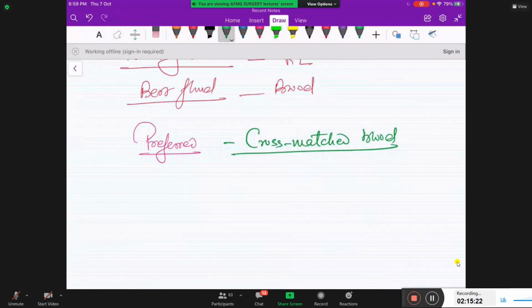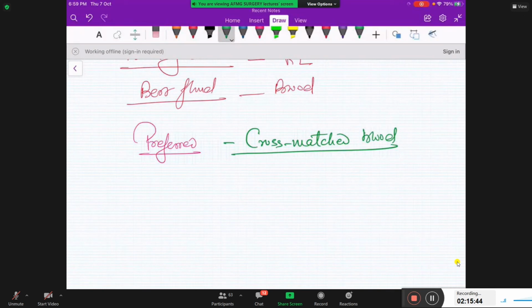And they see whether any agglutination reaction or clot formation is happening or not. Because if there are antibodies present in that blood which are against my antigen, the blood is group matched, but there can still be antibodies present in that blood bag. So this is called cross matching.